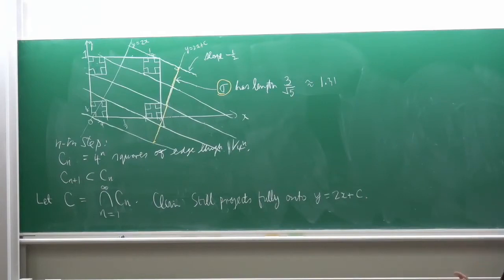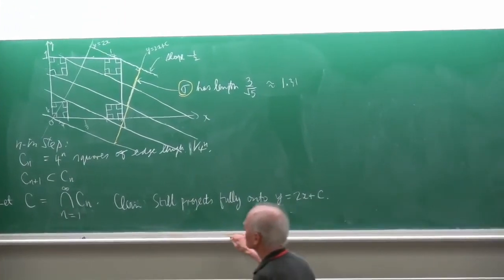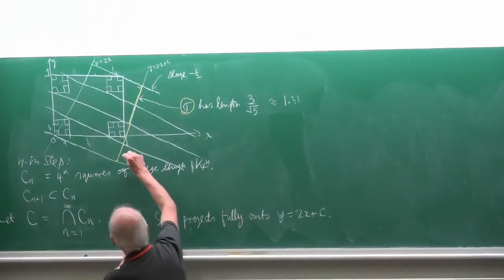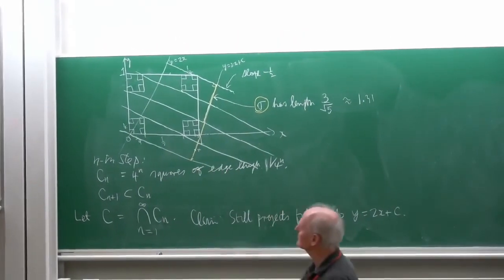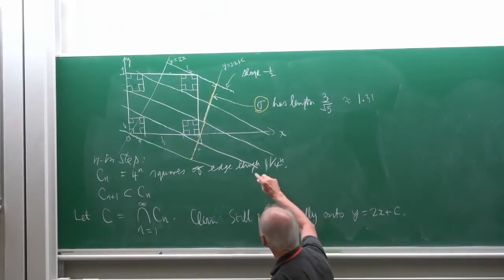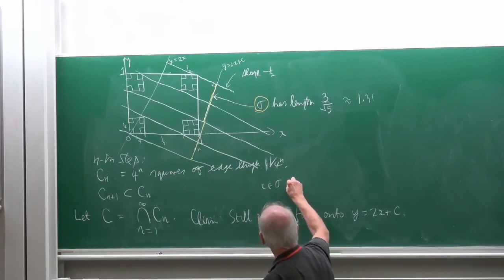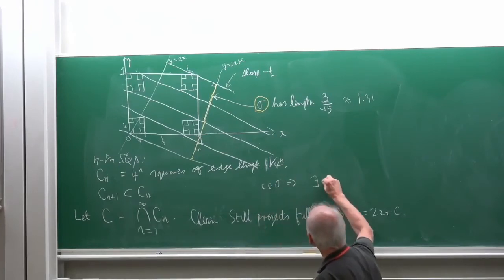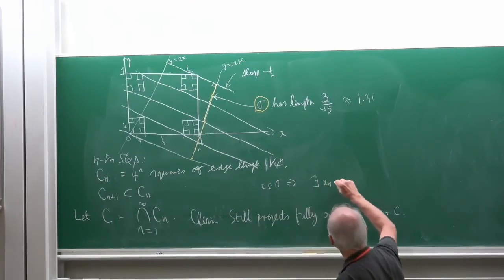That's not always going to be true if you do this process randomly, but whenever you have a decreasing sequence of compact sets, it will be true. Because think about it, if you take a point x anywhere on the line segment sigma, then for every n there exists an xn which projects to it.